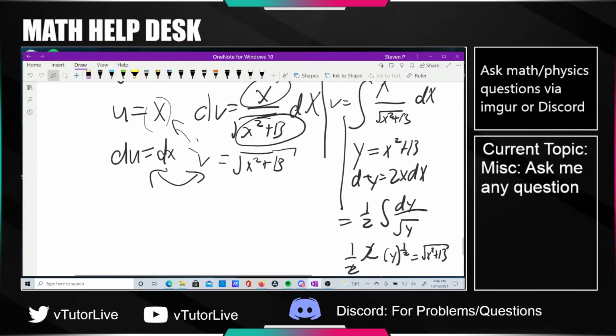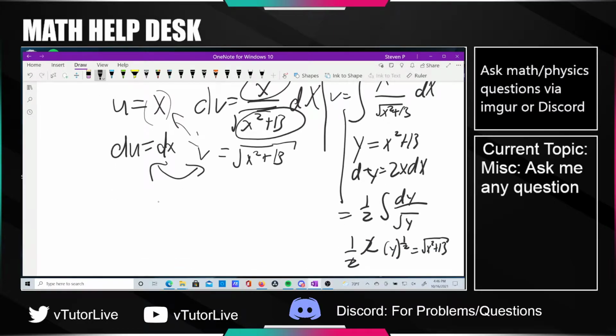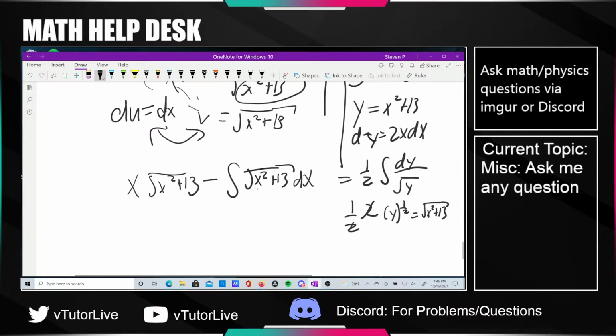Right? And to give you an idea of how to integrate, so what does this turn into? x square root of x squared plus 13 minus the integral of square root of x squared plus 13 dx. And the way that I did this was trig substitution.